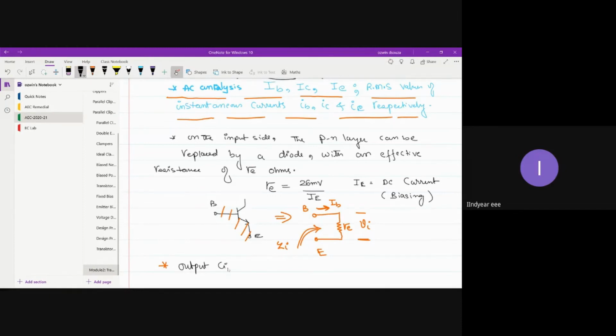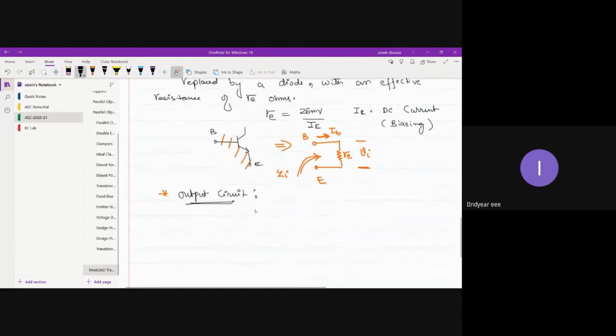Next, let us talk about the output circuit. In the output circuit, we have output current I naught as IC. Now, this IC can be given as beta times IB. What is beta?